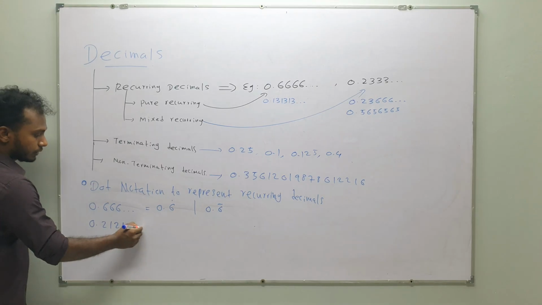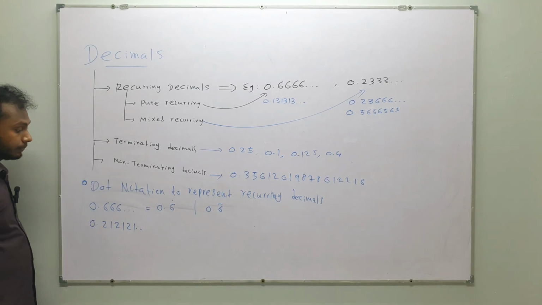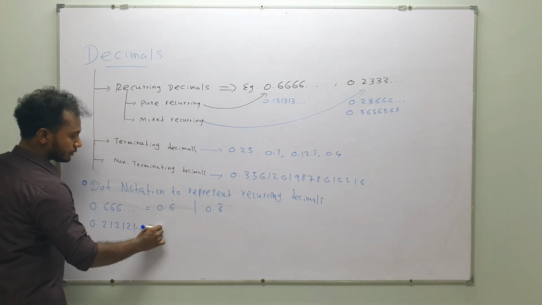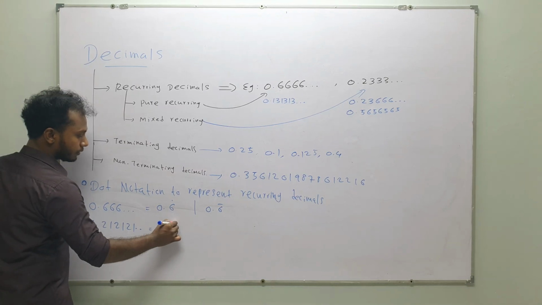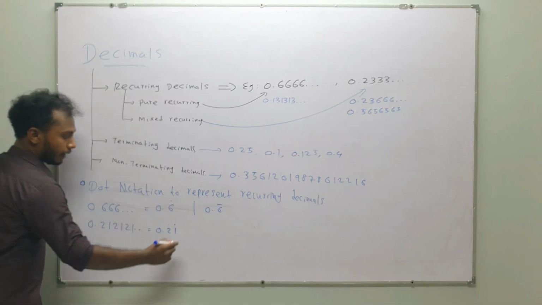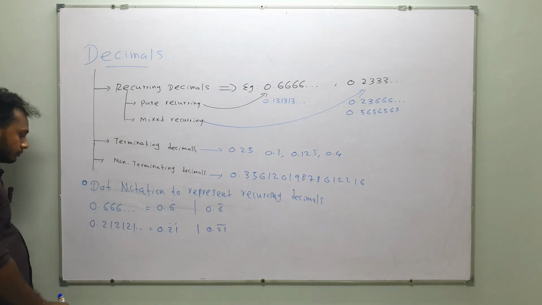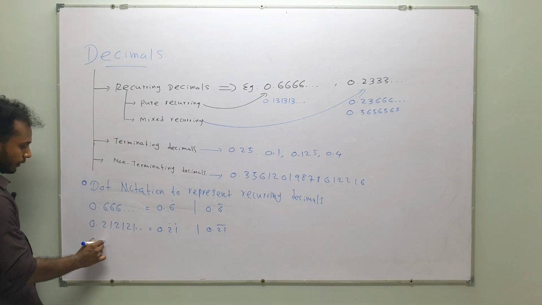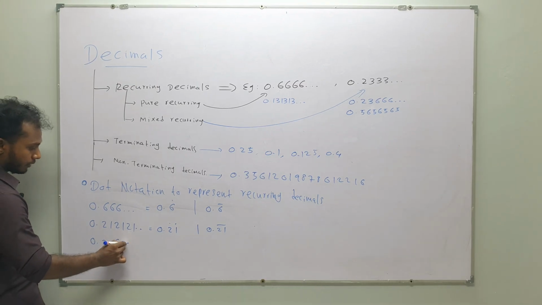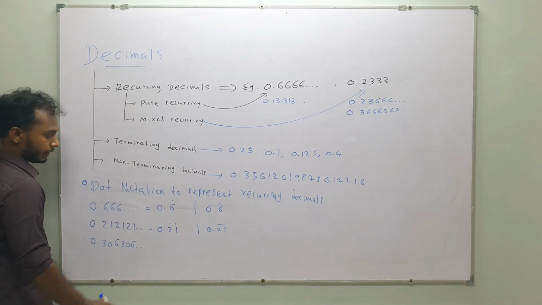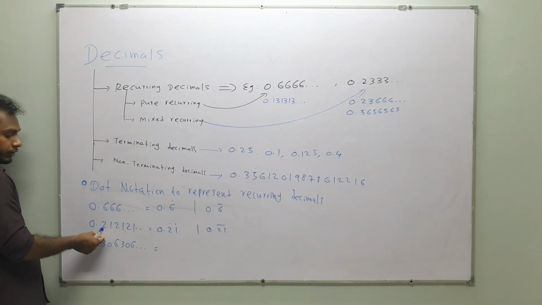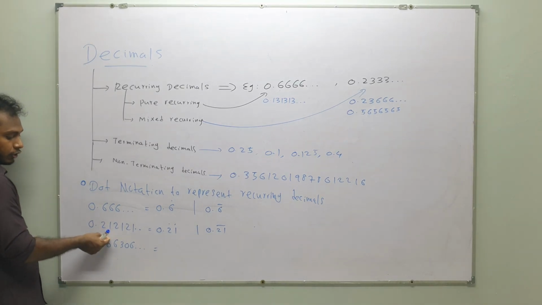Another one, 0.212121. The digits 21 are recurring, so I can write this as 0.21 with a dot over the 2 and a dot over the 1. The bar notation would be 0.21 with a bar. And again 0.306 recurring. Here, how do we write it? Are you going to put 3 dots above 3, 0 and 6?